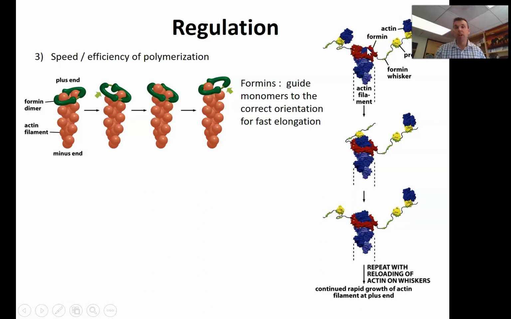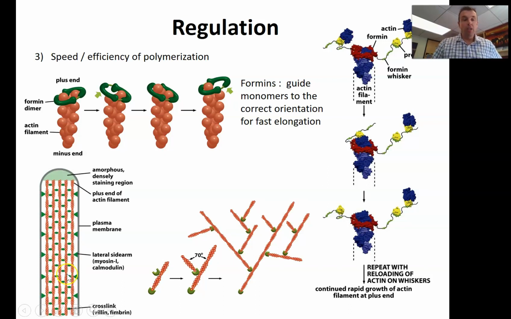It kind of hyperactivates it. So formin here takes its two arms, it's reaching out, it's always grabbing the next actin monomer, and then it brings it here, and it basically puts it on the edge. And then it does a hula hoop around, and it's out on the edge again and grabs the next one. And so it's basically going like this, all the while turning so that it's always at the end of the filament and grabbing and pulling monomers on there. And so that's how it can grow really, really rapidly.